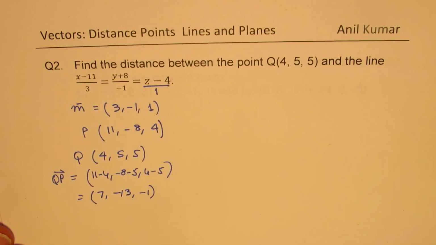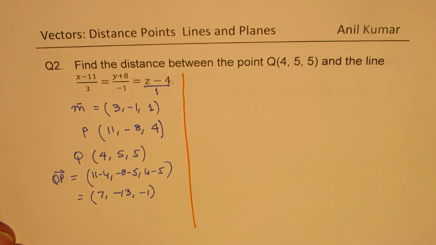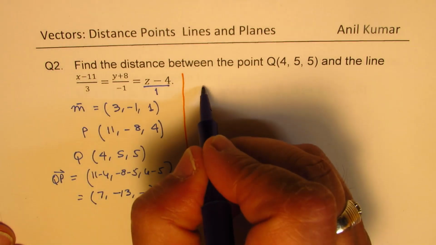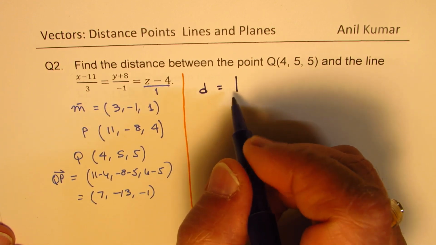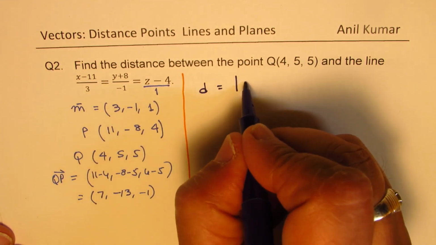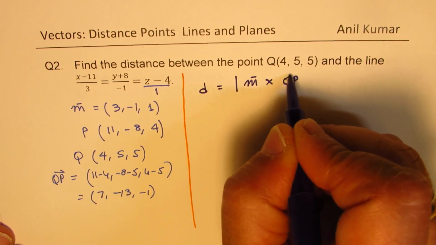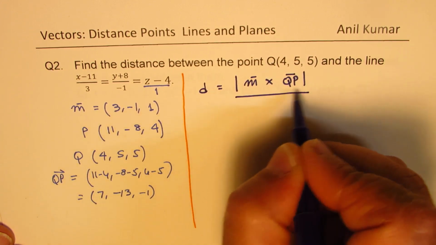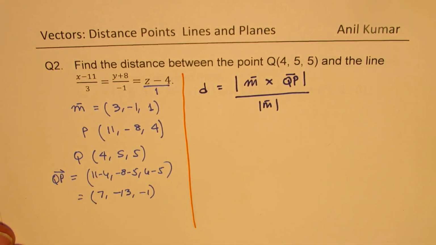Now to find the distance, we can use the formula that the distance D is equal to the absolute value of the cross product of this and QP, divided by the magnitude of your direction. We only want a unit vector in this direction. That's the whole idea, correct?